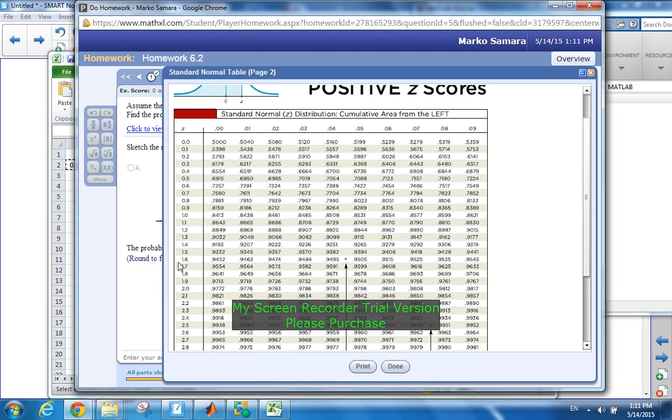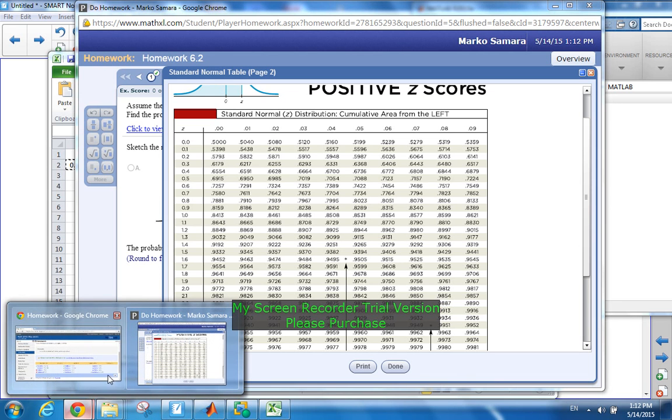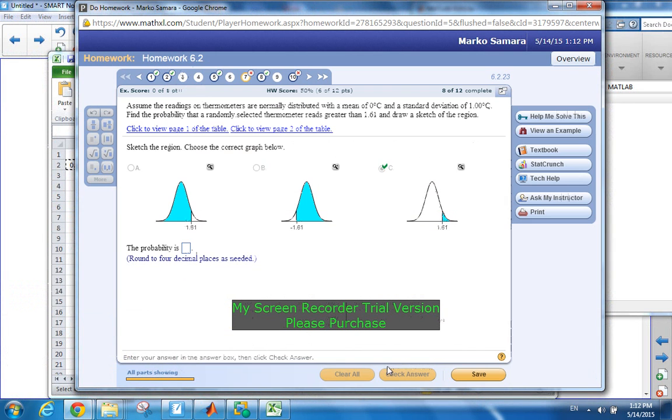Where row 1.6 and column 0.01 cross, that's the value of the cumulative probability for getting a number from minus infinity up to 1.61. This number is 0.9463.